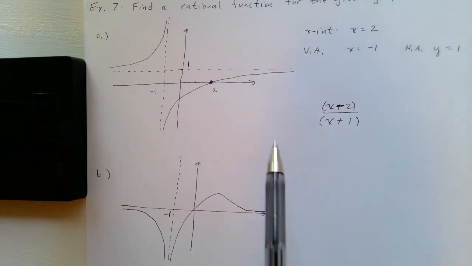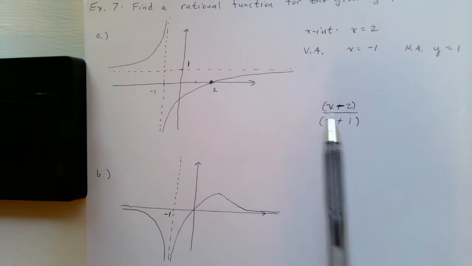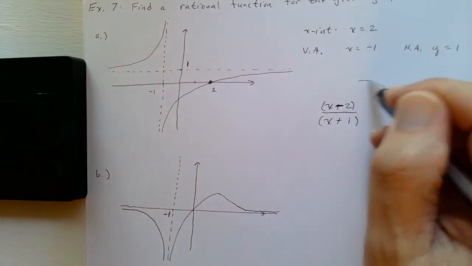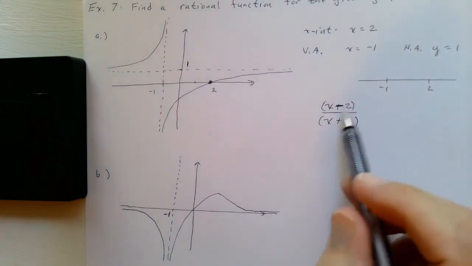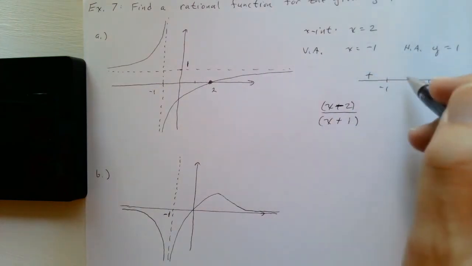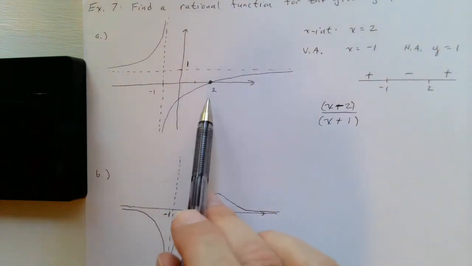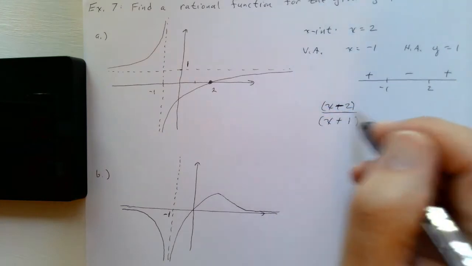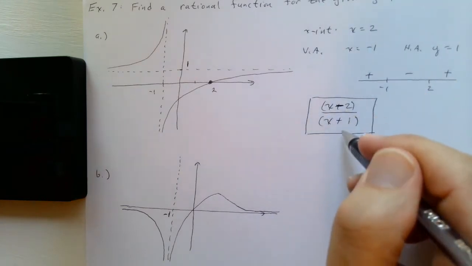And then we just have to make sure that it's positive where it's supposed to be. And we can do a very quick sign chart on this. And we can see on this particular one, it goes from positive to negative to positive. Okay, which is exactly what's going on here. So we can let r of x just be this: x minus 2 over x plus 1.